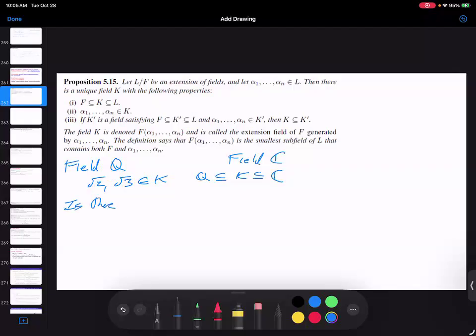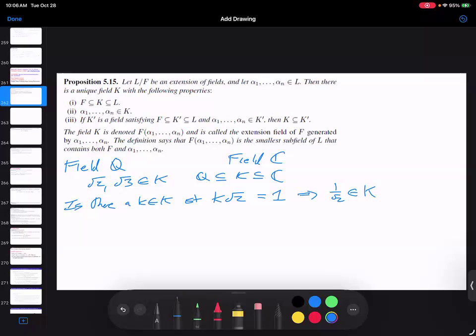Is there a k in K such that k times the square root of 2 equals 1? Because again, since it's a field, every non-zero element has to be invertible. So as soon as we get that, that tells us that 1 over the square root of 2 has to be in our field K. So as soon as we add square root of 2, we have to add 1 over the square root of 2.